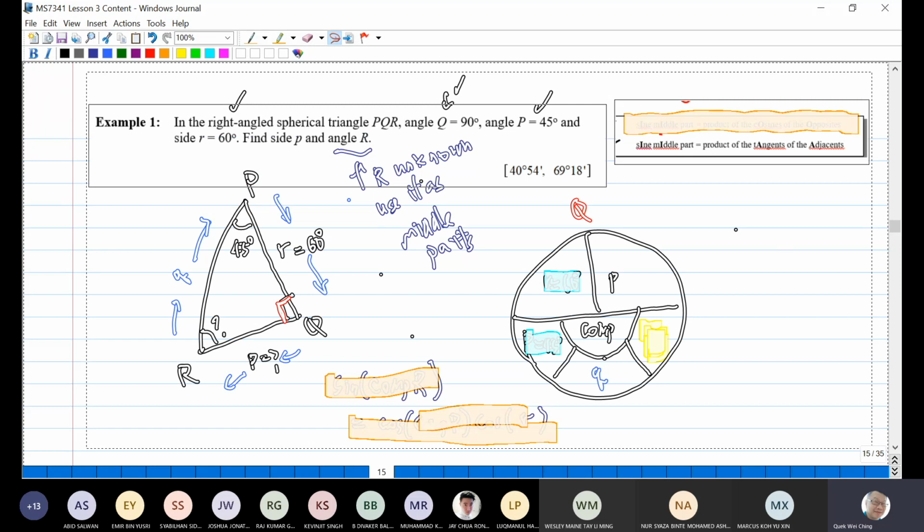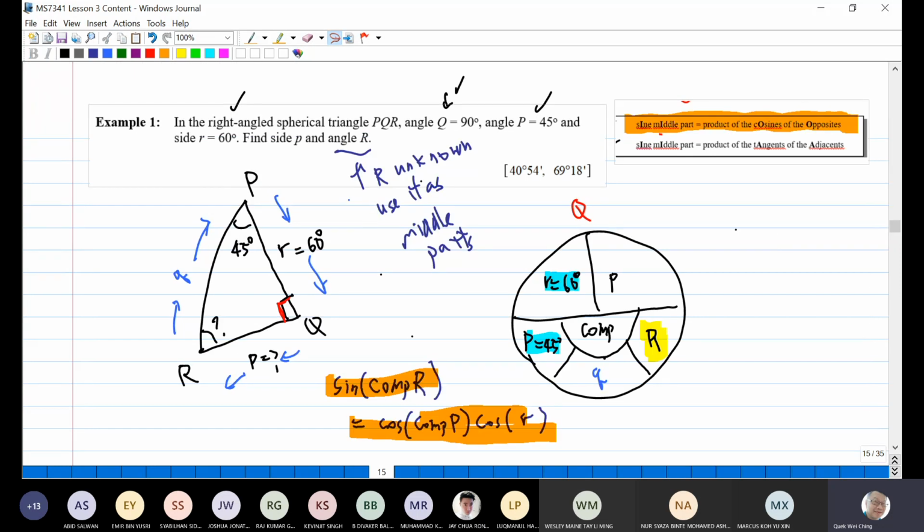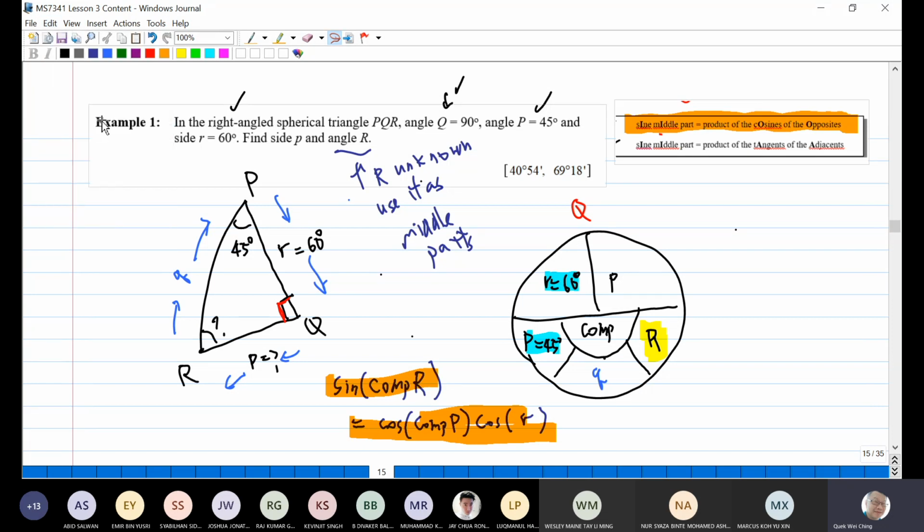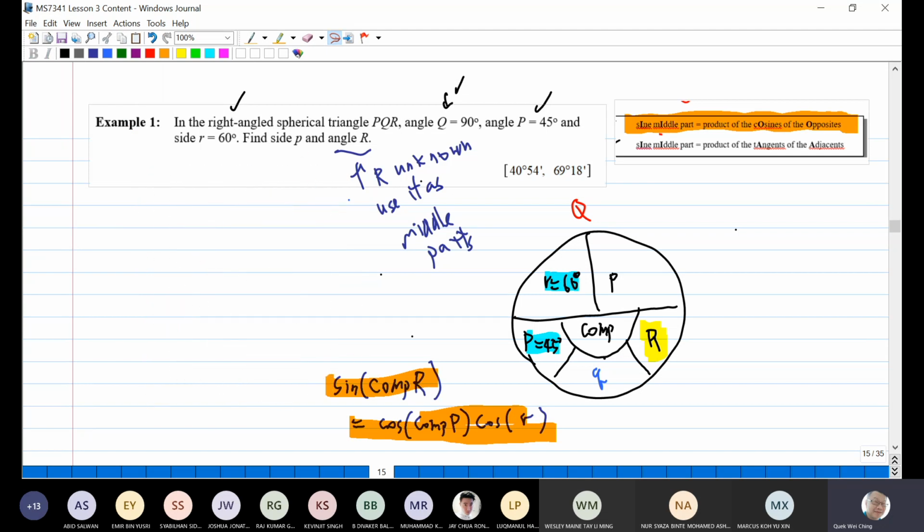Okay, so I'm going to erase this triangle now and then do the calculation. Okay, so the calculation is this. I want to find out what is angle R here. So how to write now? Remember com here.